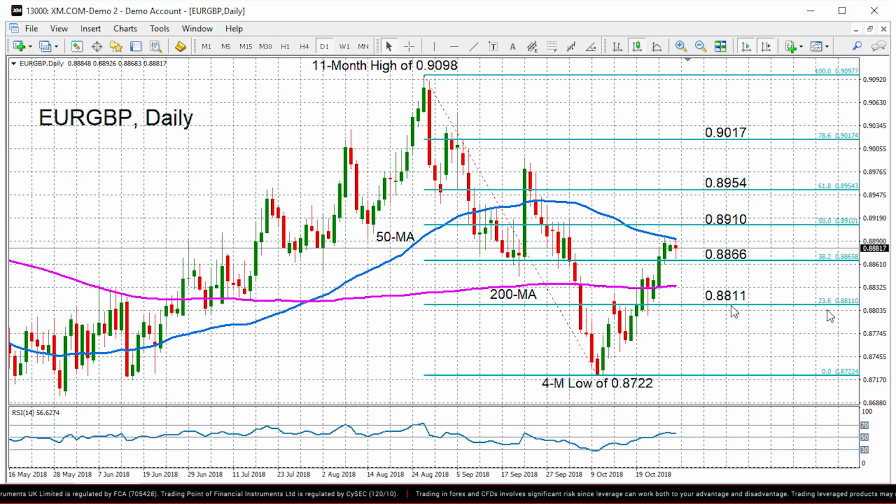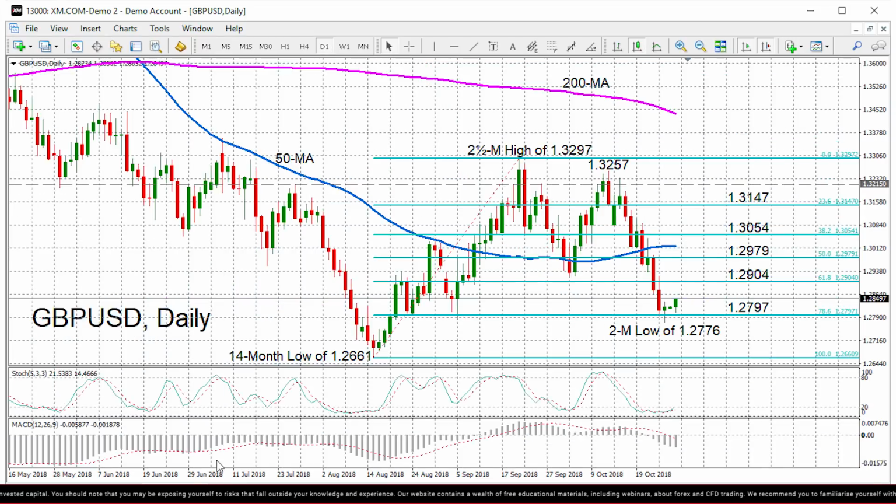That's the 23.6% Fibonacci, and a breach of that support would take the pair towards that 4-month low of 0.8722 we saw earlier in October, and we could see a resumption of that downtrend. That would also shift the current medium-term outlook, which is at the moment fairly neutral, to a bearish one.